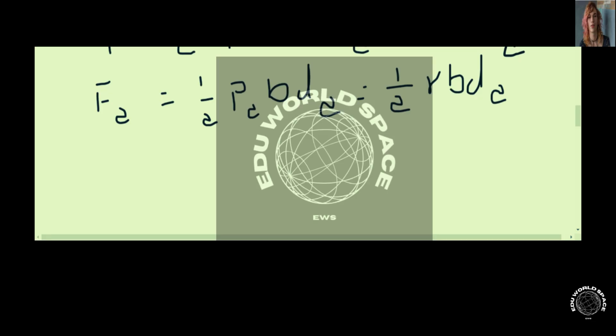Okay, now moving towards the third part. Here we are applying the impulse momentum principle. So I can write the equation accordingly.